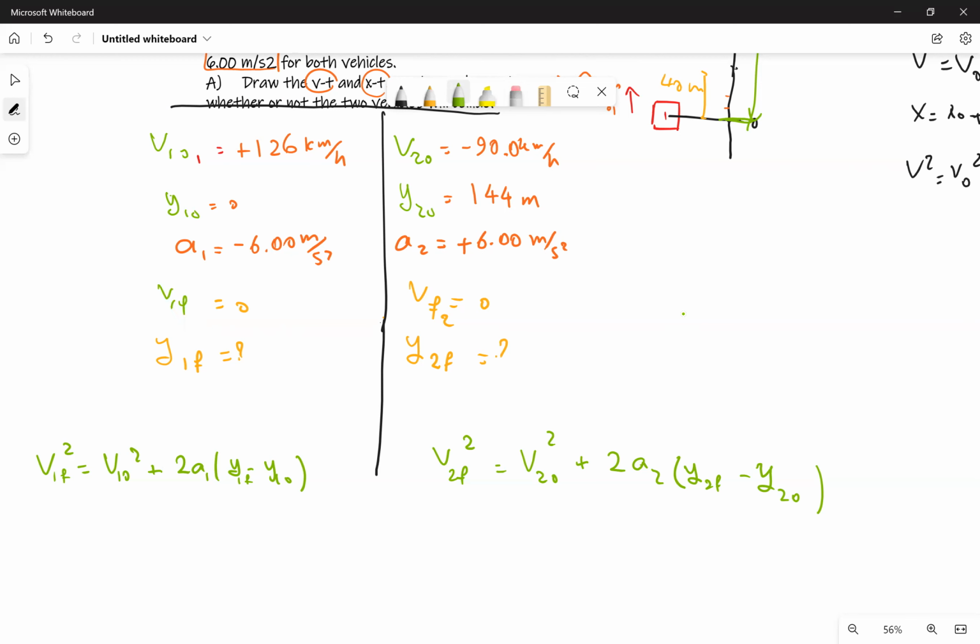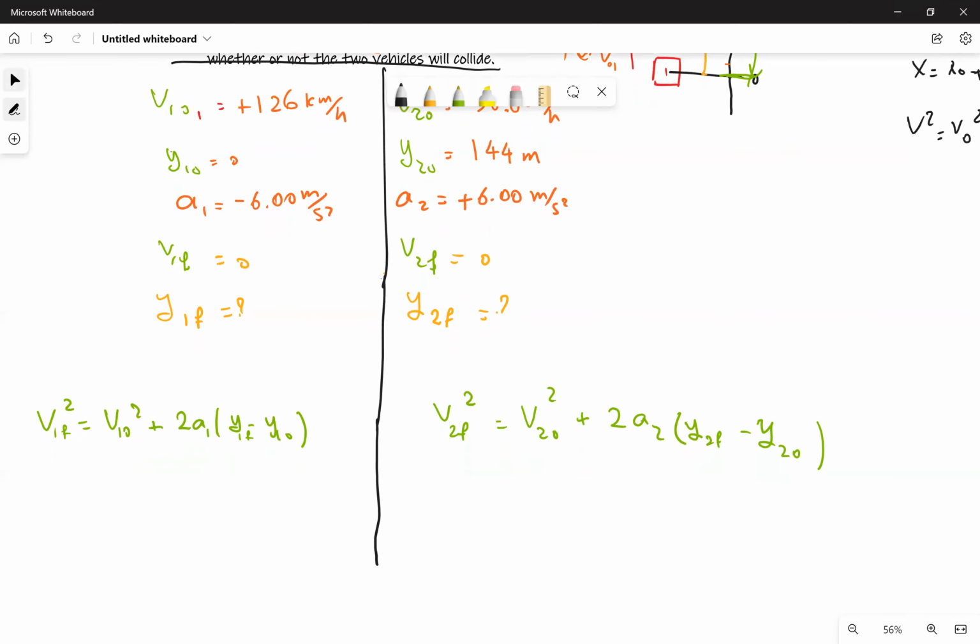V1F, V2F. But as I said, you can interchange the indices. It's not going to be a big deal, and they basically mean the same thing.